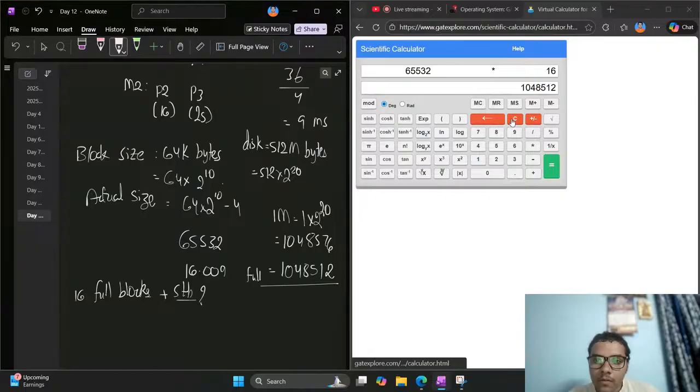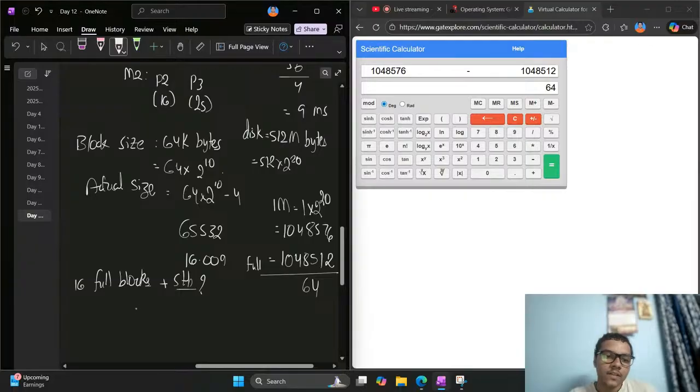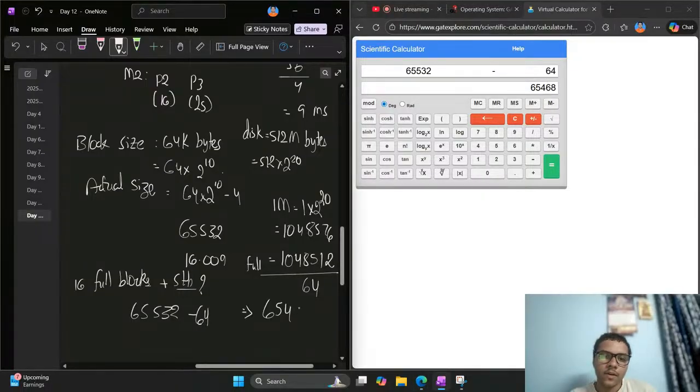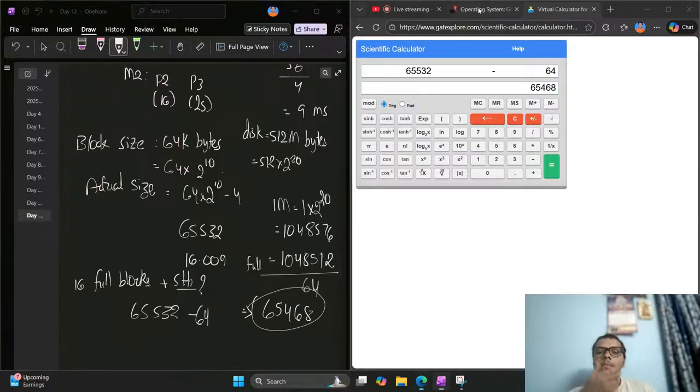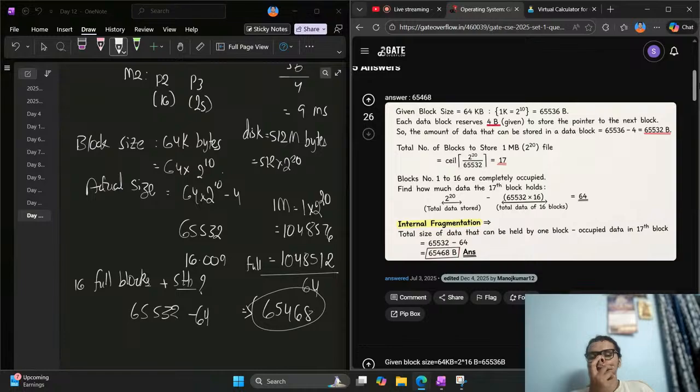So 1048576 minus 1048512, that is 64 extra, and internal fragmentation is 65532 minus 64, which is 65468. We are not wrong.